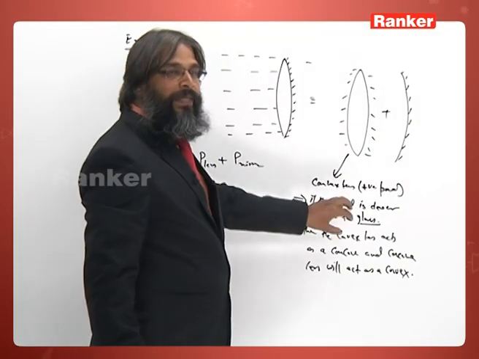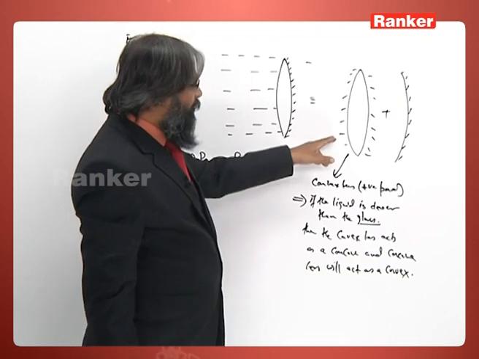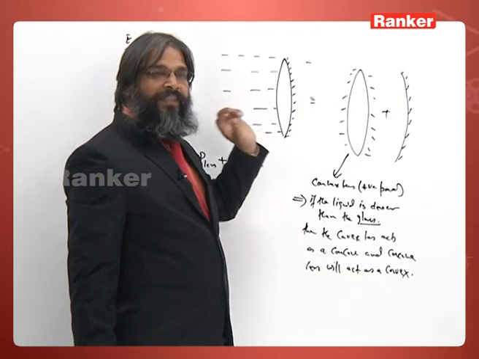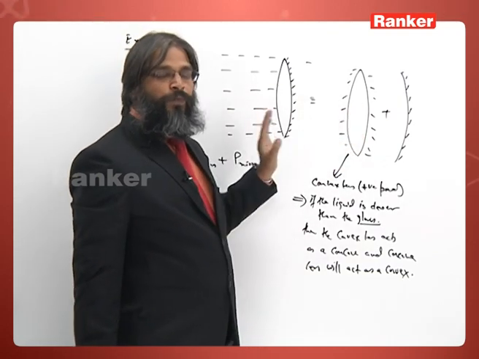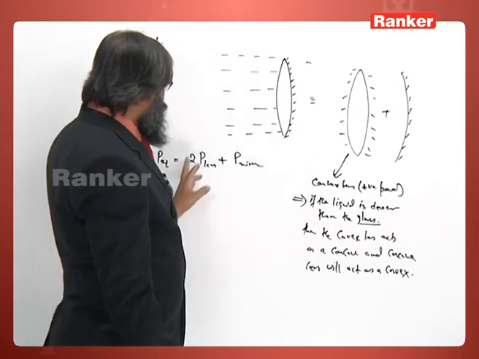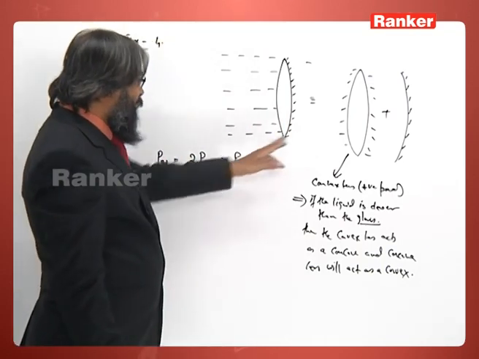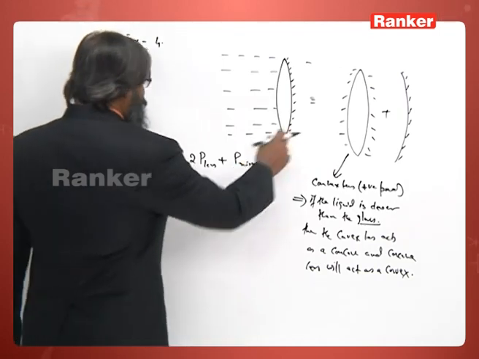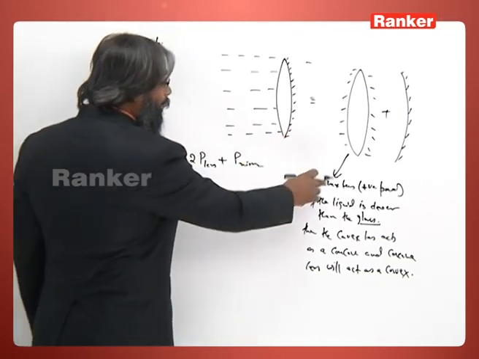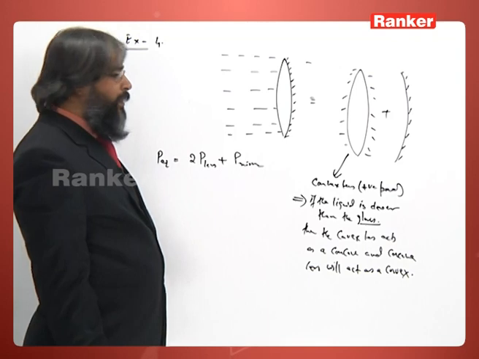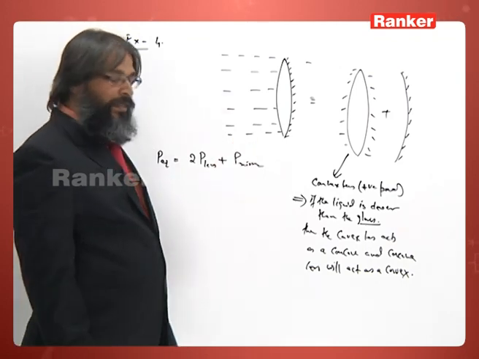That means the sign will be reversed. But if the liquid is optically rarer than this, then nothing will happen and we have to proceed as it is. This modification will be done.